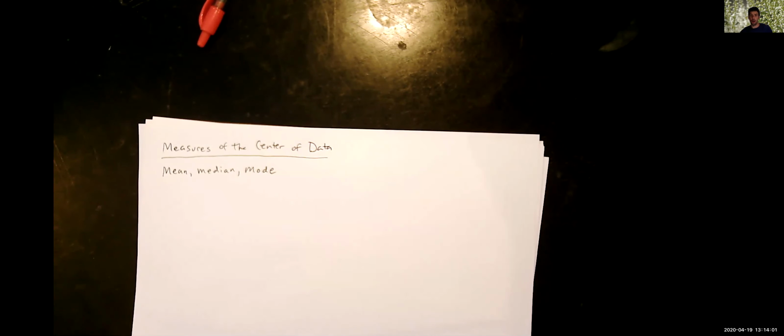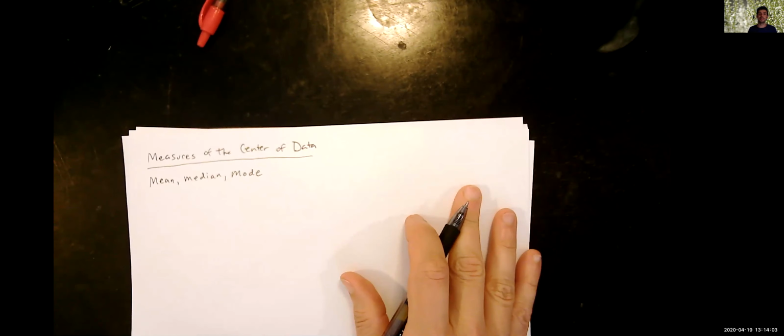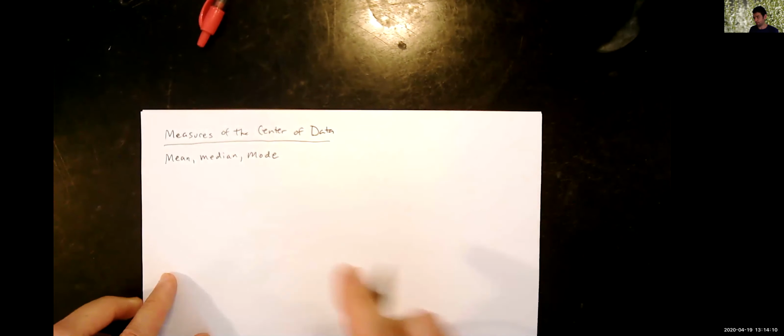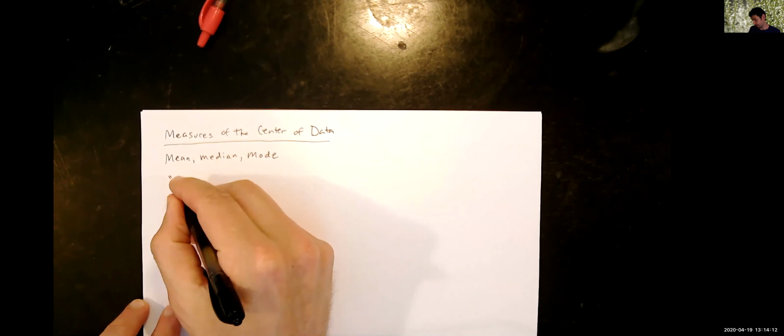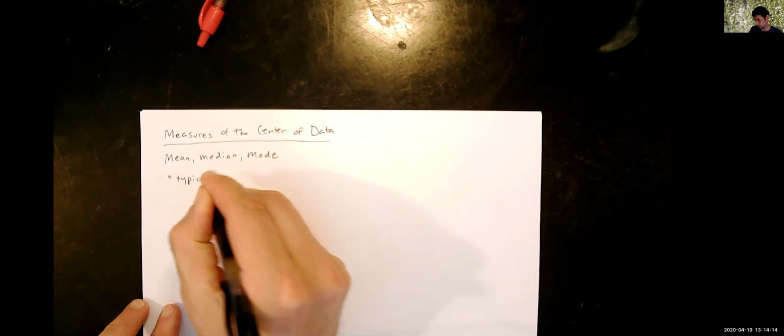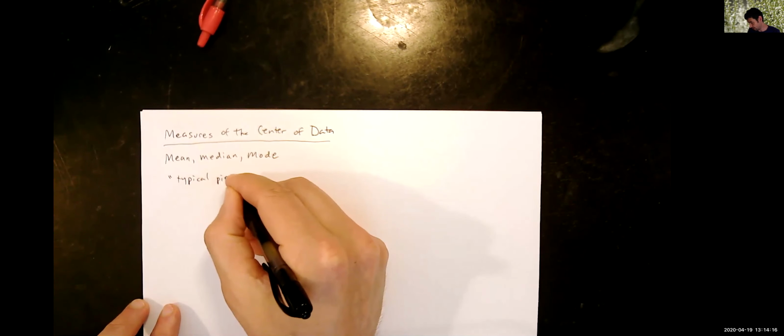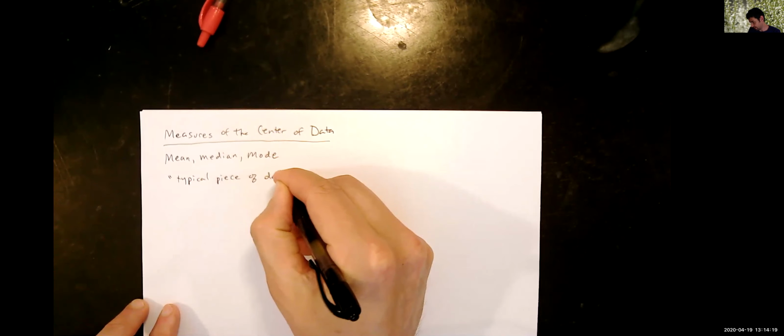So first of all, their purpose, or one purpose, certainly maybe their most important purpose, is they want to try to capture what we mean by the typical piece of data.